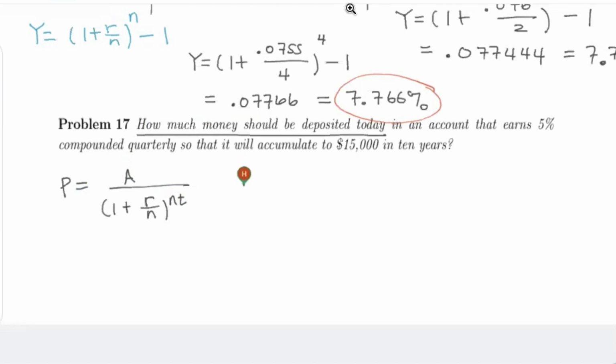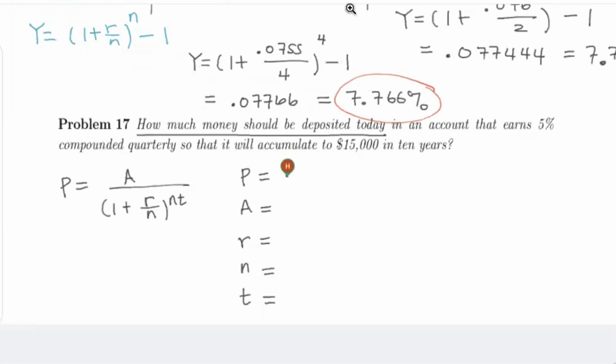P, A, r, n, t. Let's assign those. Connor, can you give us those numbers that we need to assign?